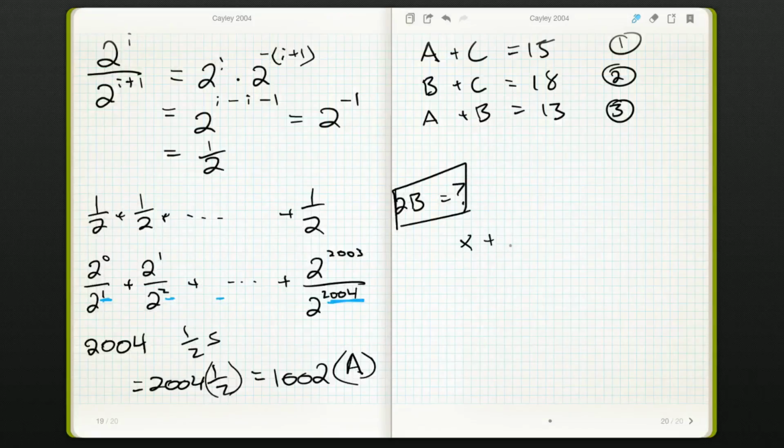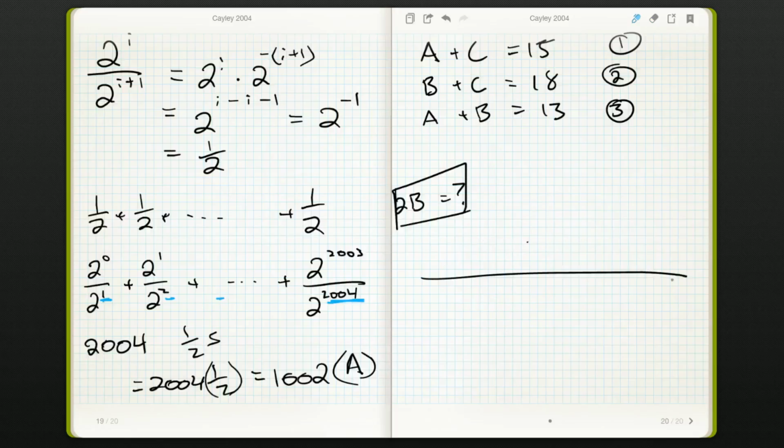So for example, you can get x plus y plus z is equal to something, and then x plus y plus w, and then x plus z plus w, and then y plus z plus w. Each of the letters is used in every equation but one, and only once in each of those equations.